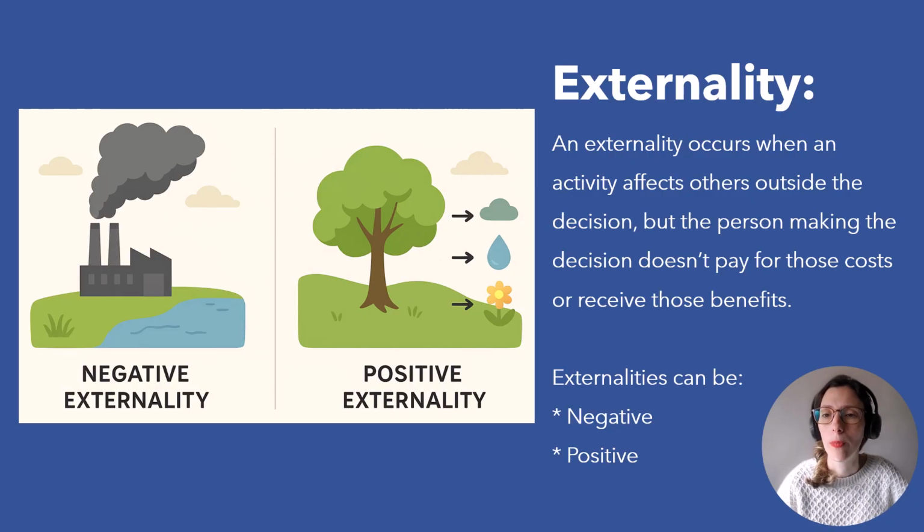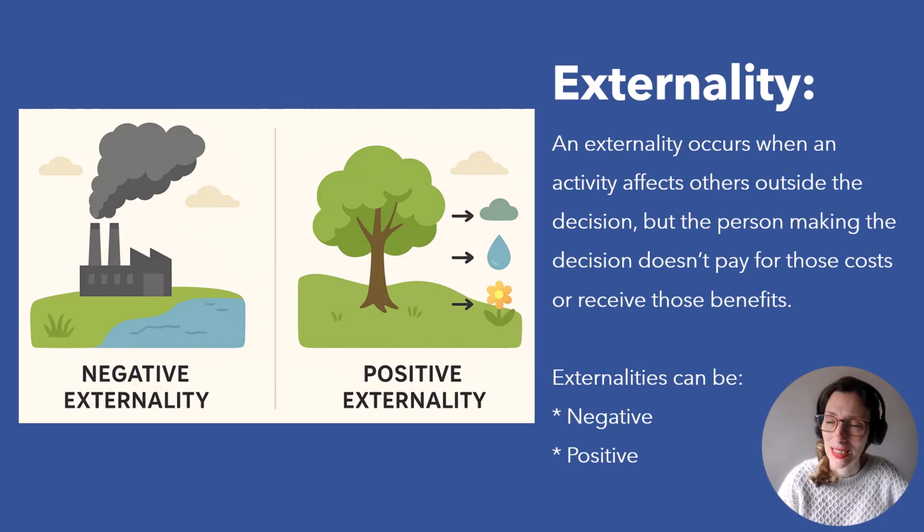For example, a factory producing goods may pollute a nearby river. The factory considers all its own costs, labor, raw materials, energy, but the pollution affects fishermen, residents, and ecosystems in general. These costs are real, but they are not part of the factory's decision making.